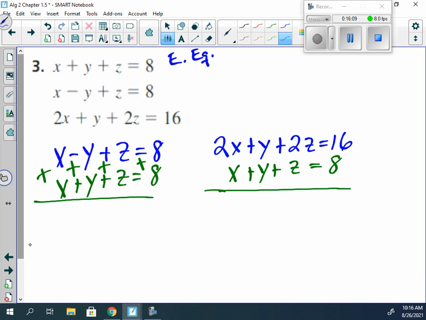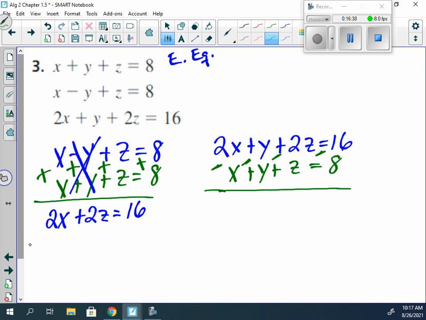X plus x is? Negative y plus y is? 0. Z plus z is? 8 plus 8 is? 16. Over here we would subtract because the y's are the same.